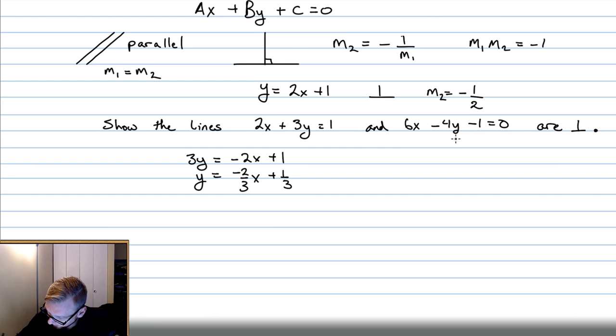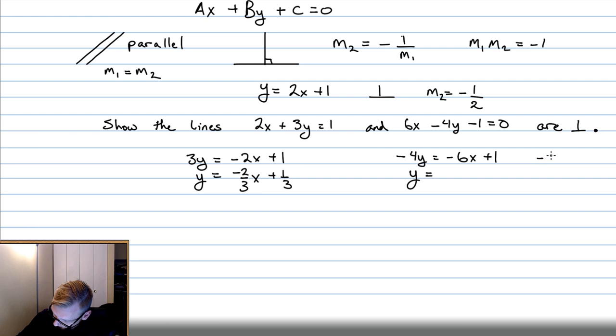There's 1. Let's do the other one. We'll take the 6x and the 1 to the other side. So we're left with negative 4y equals negative 6x plus 1. So the 1 becomes positive when we take it over, and 6x becomes negative. Now we're going to divide by negative 4 to get the y by itself.